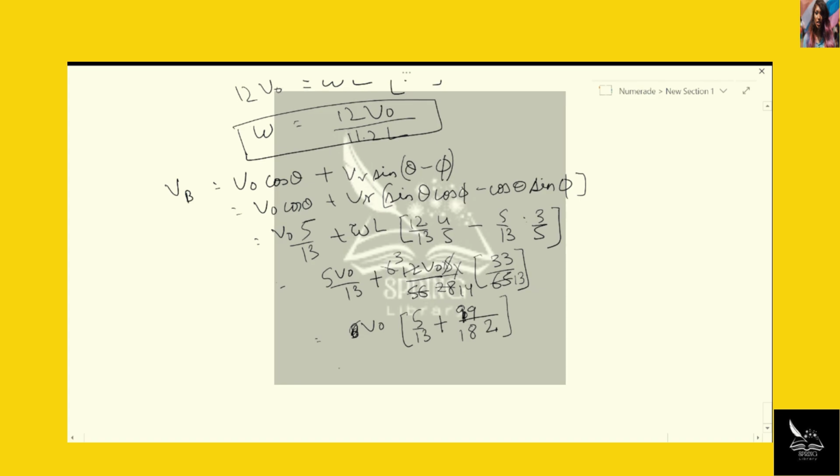Okay, so this number, let's calculate. I'll just use a calculator to quickly punch in the numbers. 5 over 13 plus 99 over 182.